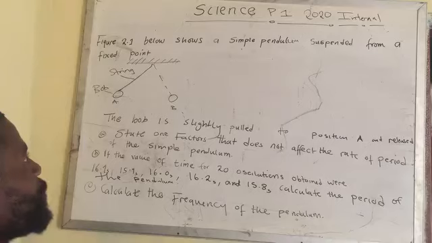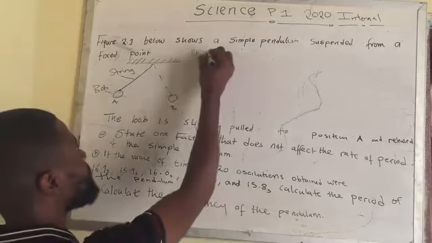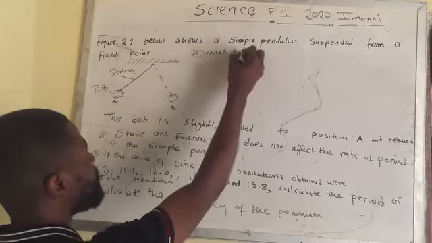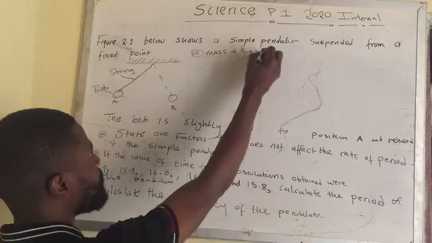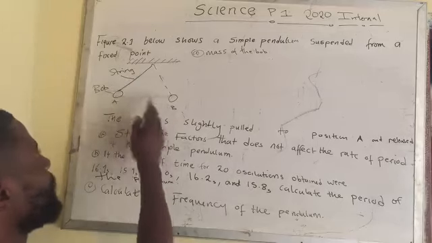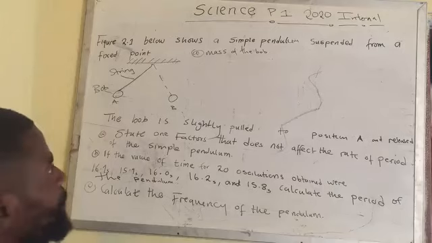So, the things which won't affect the time it takes as it is swinging. One of them is the mass of the bob. The mass of the bob won't affect the time it takes as it is swinging, so it doesn't matter how heavy the bob is. It won't affect the period.